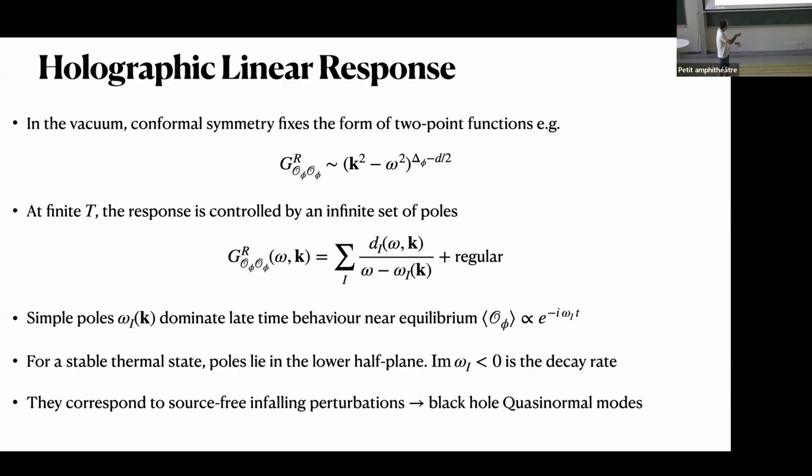But for a stable phase, all of these poles will be in the lower half of the complex plane. Now, these poles correspond to modes from the black hole point of view which are source-free. So these poles are determined by what are called the black hole quasi-normal modes.